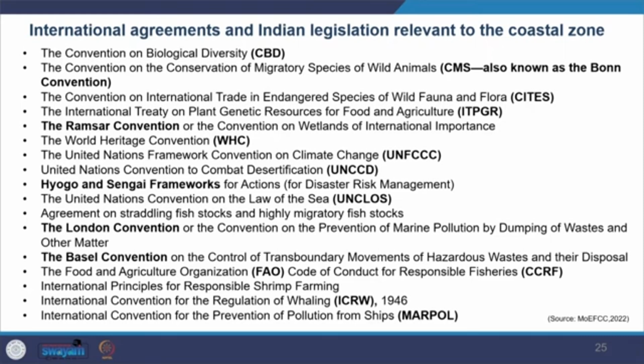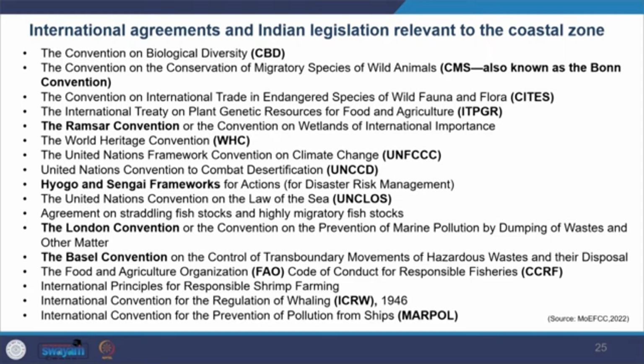This is also called the Bonn Convention. Then you have the Convention on International Trade in Endangered Species of Wild Fauna and Flora, CITES. So this also applies. And then you also see the International Treaty on Plant Genetic Resources for Food and Agriculture.